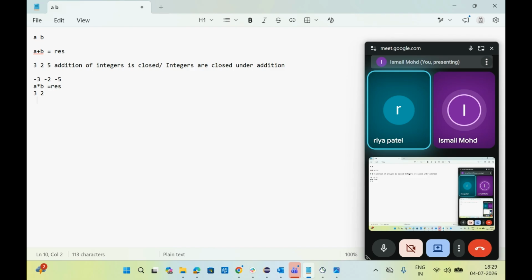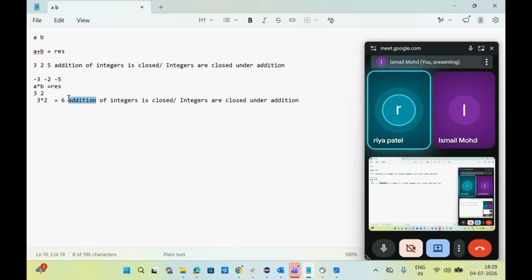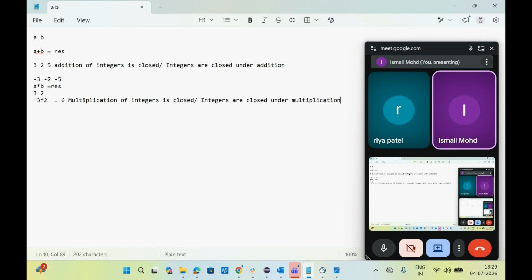If you multiply, 3 into 2 is 6. 3 is an integer, 2 is an integer, 6 is also an integer. So what will you say here? Multiplication of integers is closed, or integers are closed under multiplication. Either way you can say.